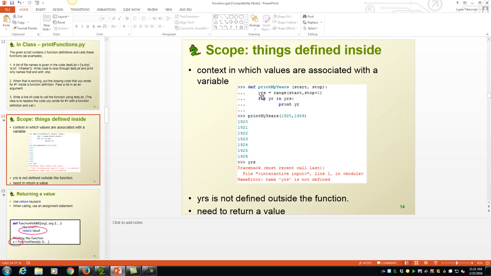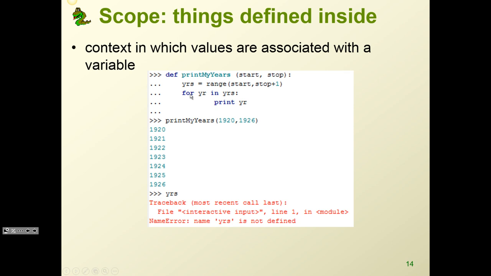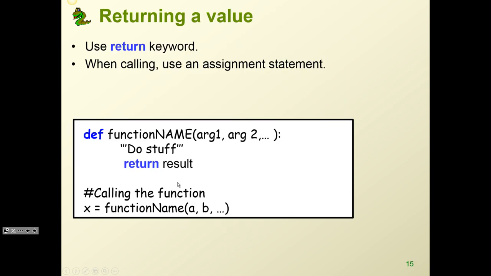In this example, years is first defined with an assignment statement inside of here, and if I try to print years outside of that function, it's going to give me a NameError because it's not defined in that scope. So we need to return that value if we want it. Syntax for that: return is one of Python's keywords, so it's all lowercase. Return that value.